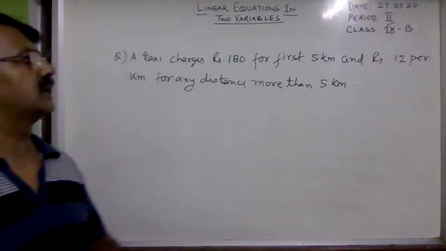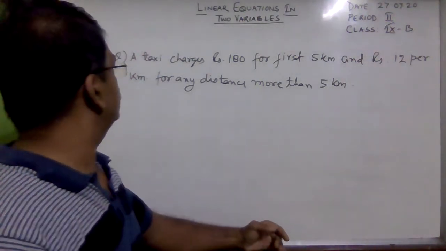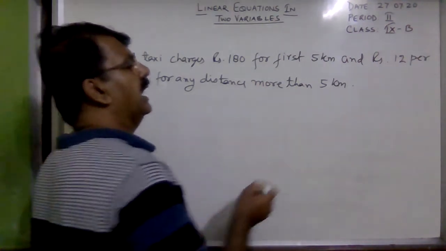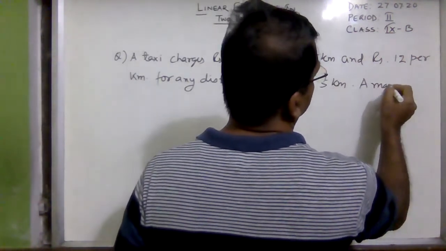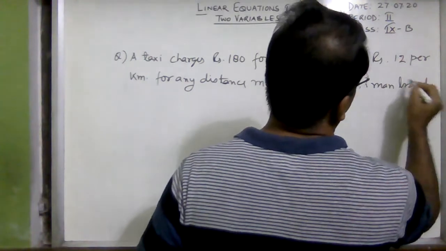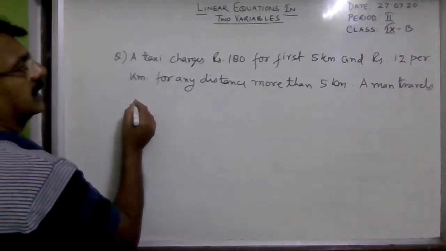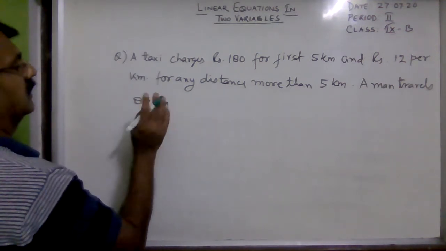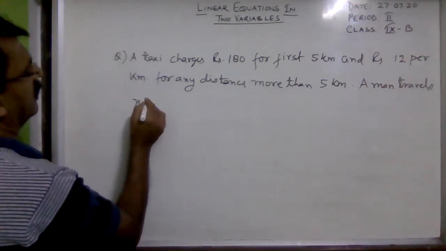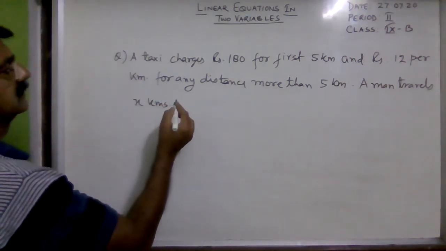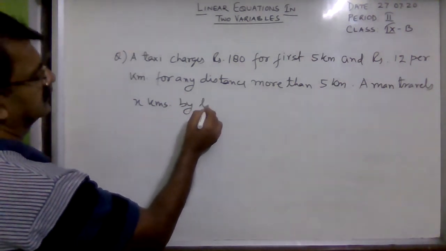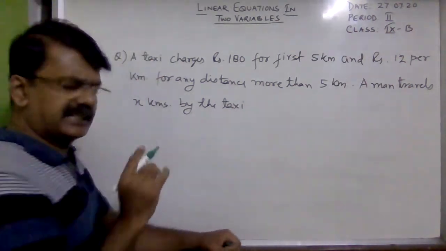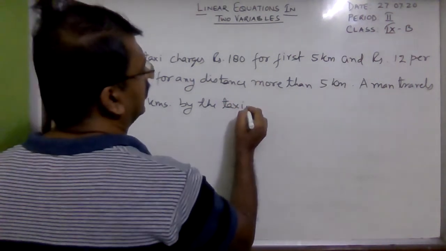A man travels X kilometers by the taxi and X is more than 5 kilometers by the taxi.